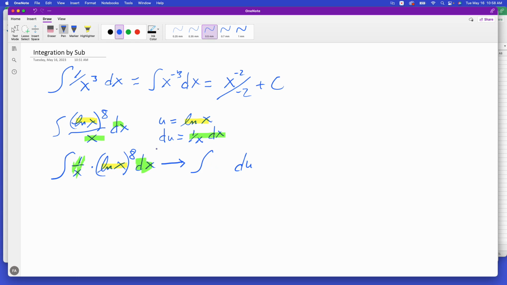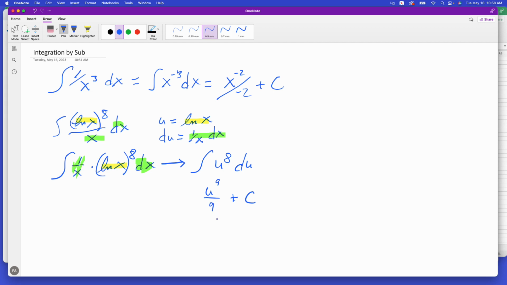I can replace ln of x with u, so I got u to the 8th power. Now I can integrate that a lot easier. So that gives me u to the 9th power divided by 9 plus c. All right, so that's what I can now use the power rule for the power function, and I get this.